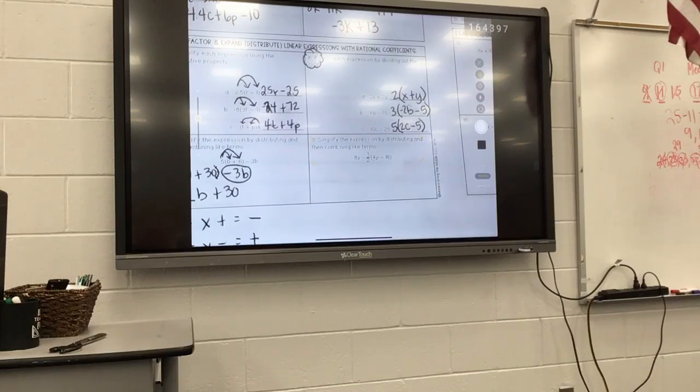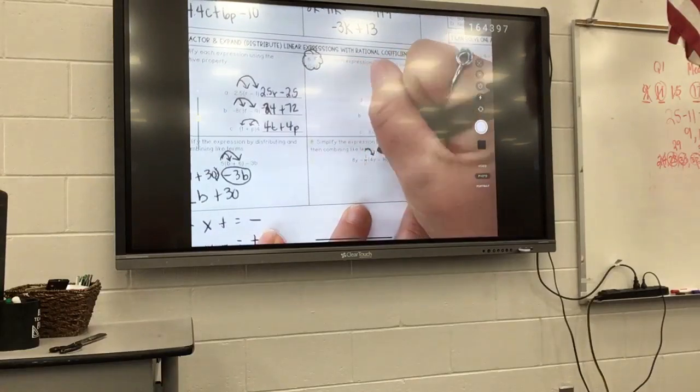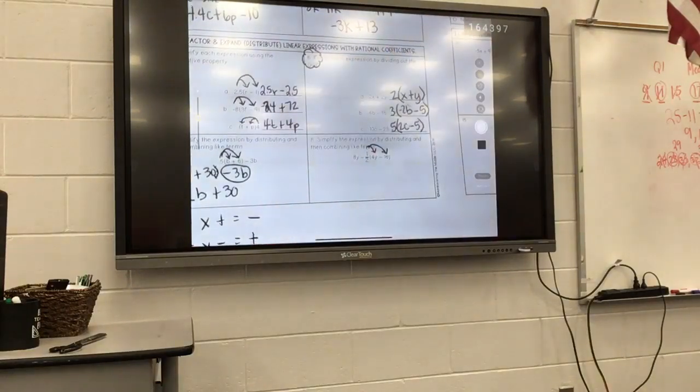What else do you notice that did not happen in 5, 6, or 7? Caleb? So fraction. What happens when we see a fraction, Joe? Yes. Exactly. So we're going to distribute in our negative half.